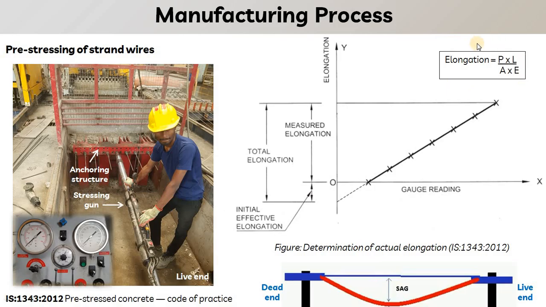The elongation formula is PL upon AE, where P is the force, L is the length of the wire from jaw to jaw, or lock to lock length, A is the area, this area is the jack area, and E is the modulus of elasticity for the strand wire. You can check this graph in IS 1343 2012, which determines the calculation of the elongation.